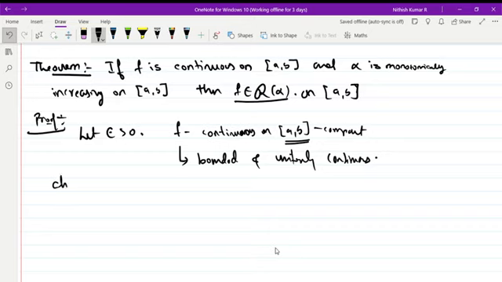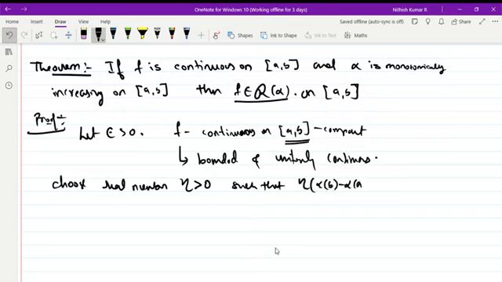So choose a real number, say eta greater than 0, such that eta into alpha of b minus alpha of a is less than epsilon. So choose such an eta.